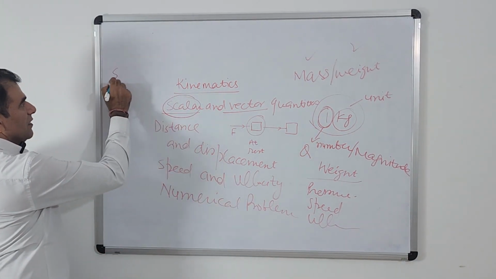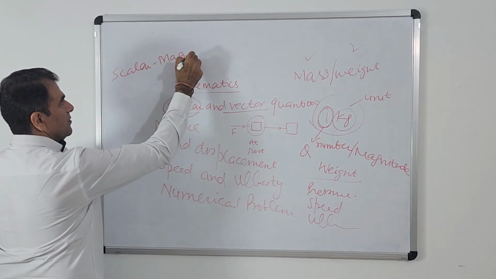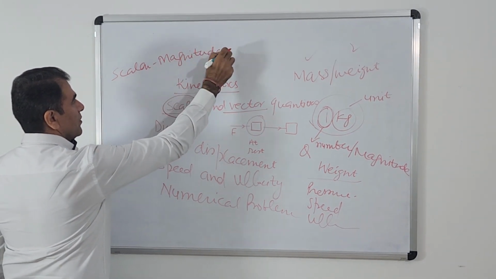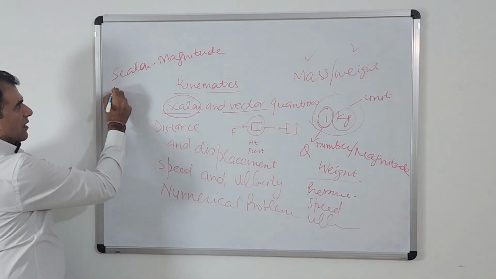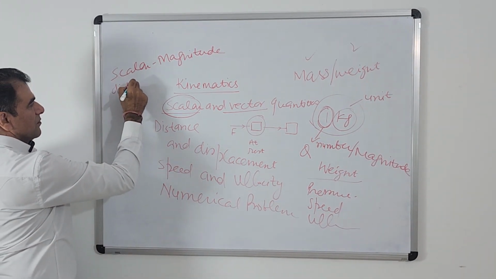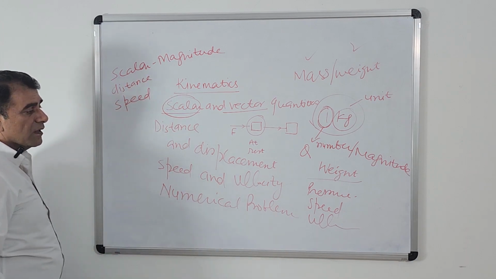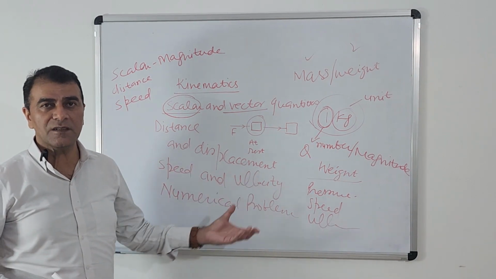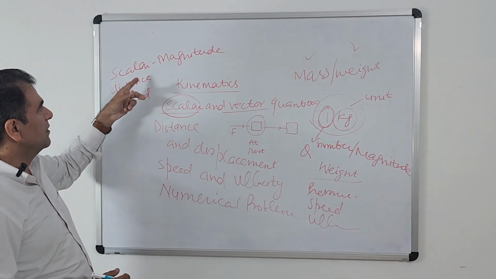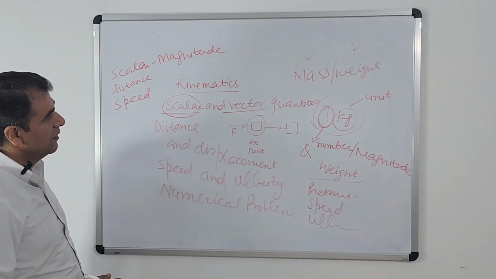So in a scalar quantity, only magnitude is required to specify that quantity. Simple examples are distance and speed. Let me tell you, speed and velocity are different. I will tell you today what the difference between them is, but for the time being, speed is a scalar.